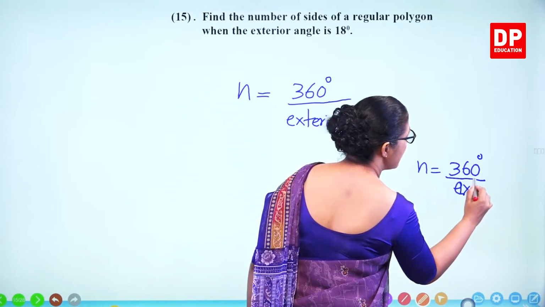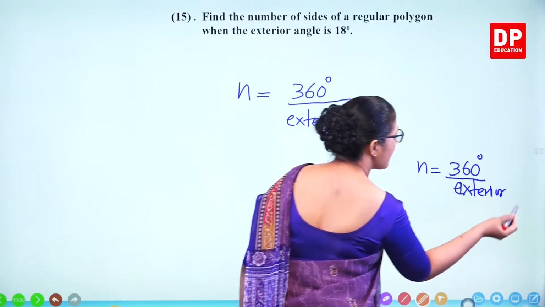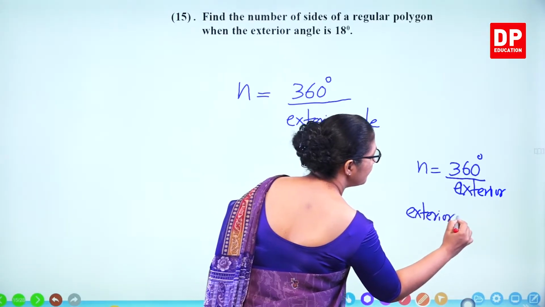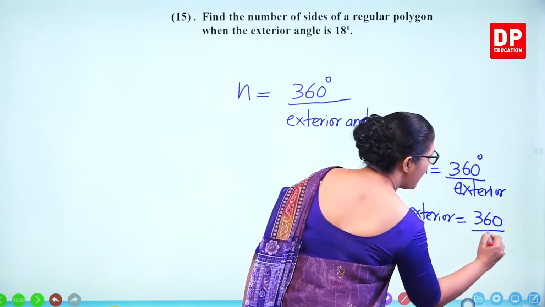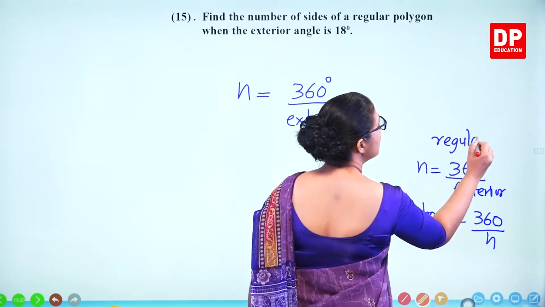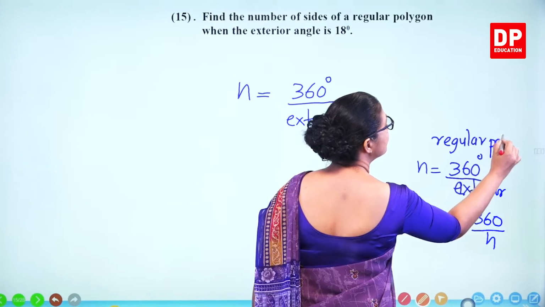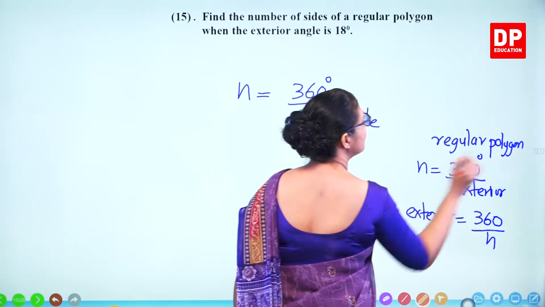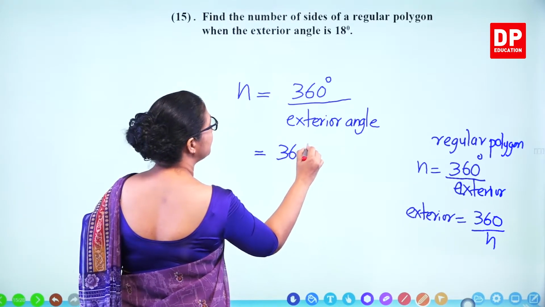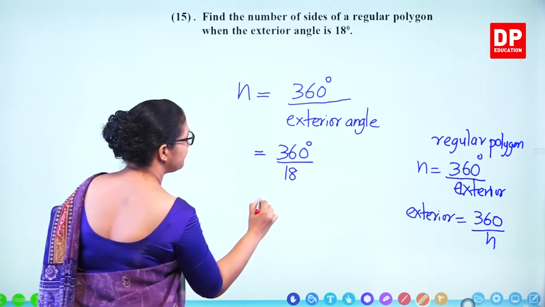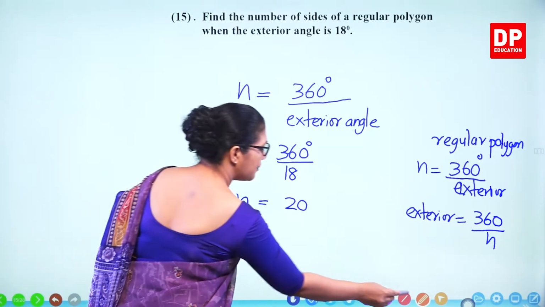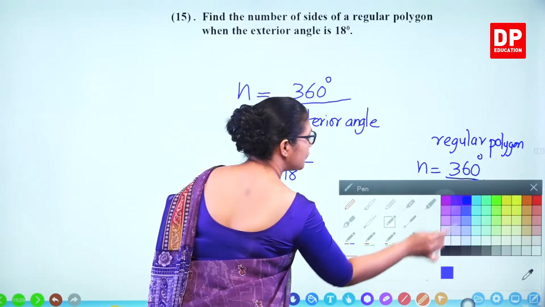Or you can write exterior angle is equal to 360 over n if you know the number of sides, only for a regular polygon. So we just divide by 18 to get the number of sides. 18 times 20, so 20 sides are there. So 2 marks.